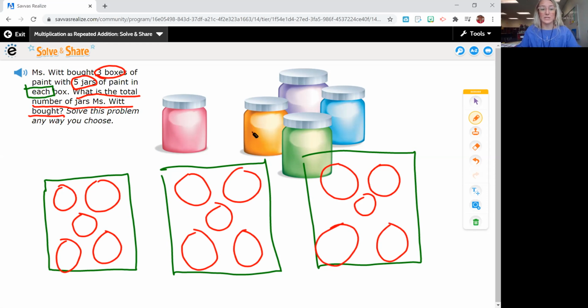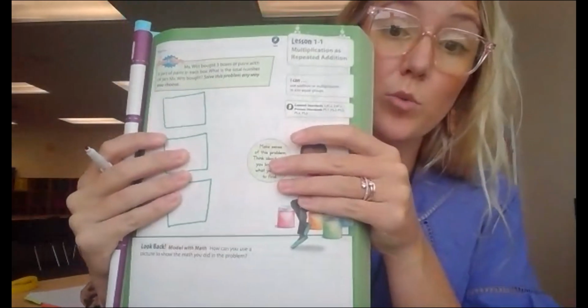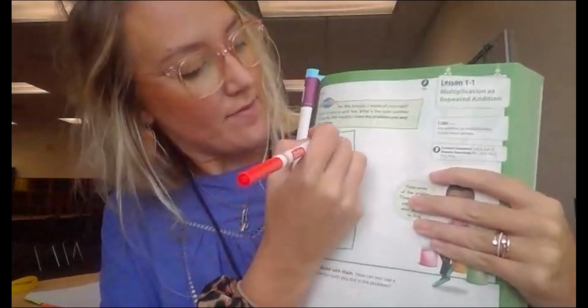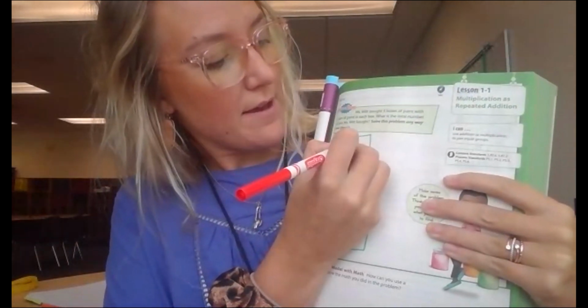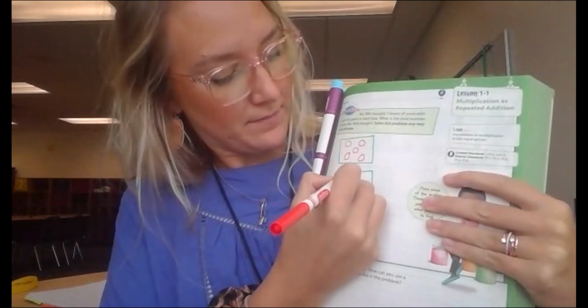Go ahead and make sure that your drawing looks just like mine. If you are using your workbook, you can draw your boxes like this and then draw the 5 jars in each box.